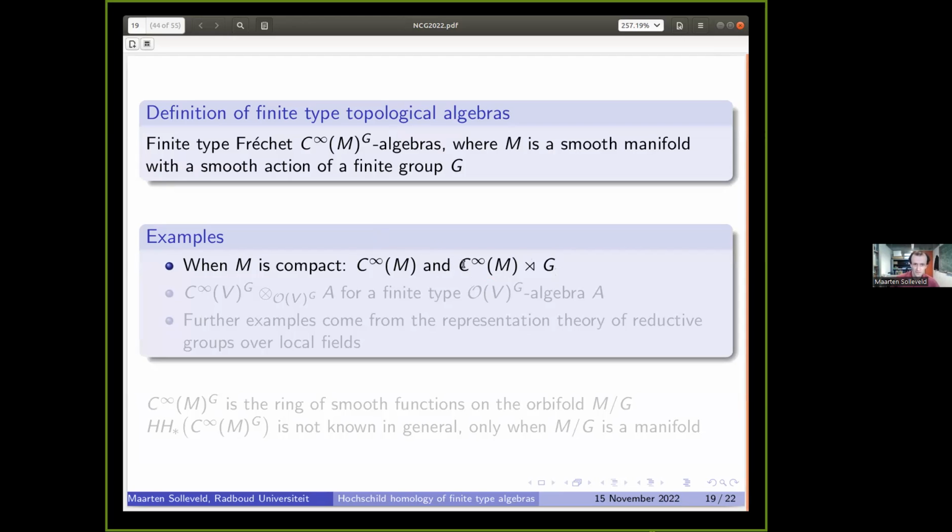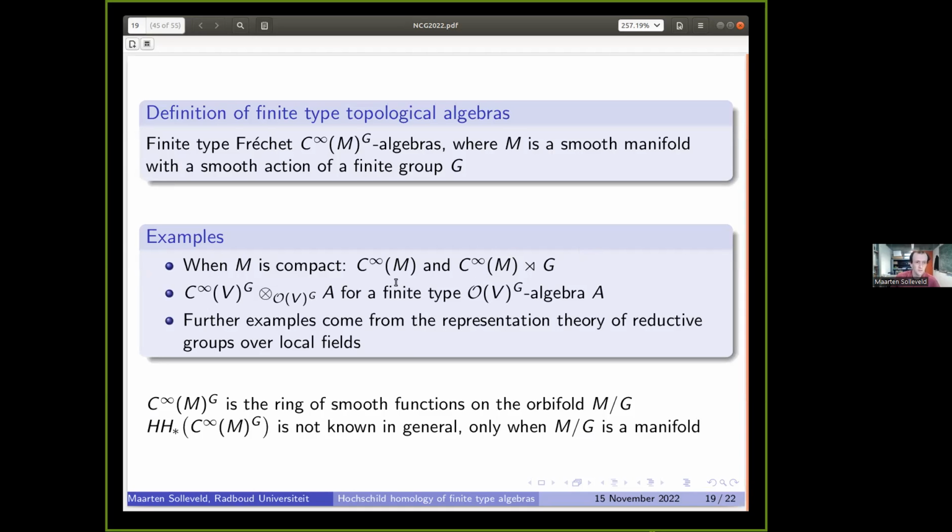In this case, it's not a finite type algebra over C infinity of M, because C infinity of M doesn't live in the center, but it is a finite type algebra over the G invariant functions in C infinity of M. And again, the compactness of M and the finiteness of G imply that these two algebras are finitely generated over C infinity M and the G invariants there. So that's one source of examples.